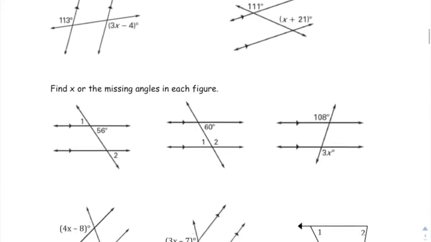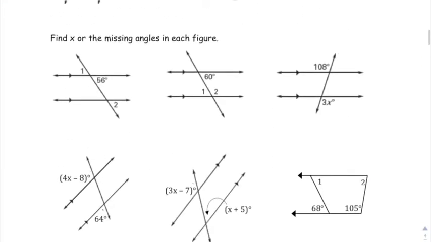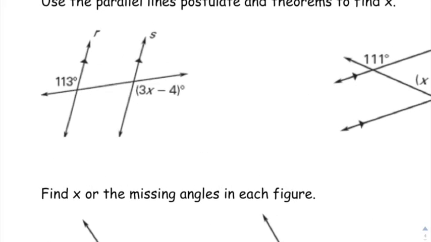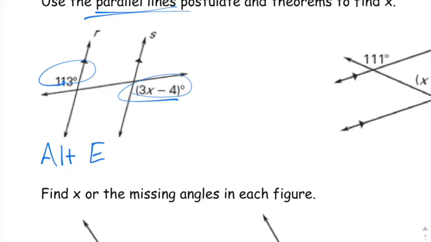Alright. Got a couple more here, so the rest of these, now I guess we are going to solve some equations using the idea that these lines are going to be parallel, so then you've got values of x that you can go find. Since those are alternate exterior angles, those are going to be congruent.